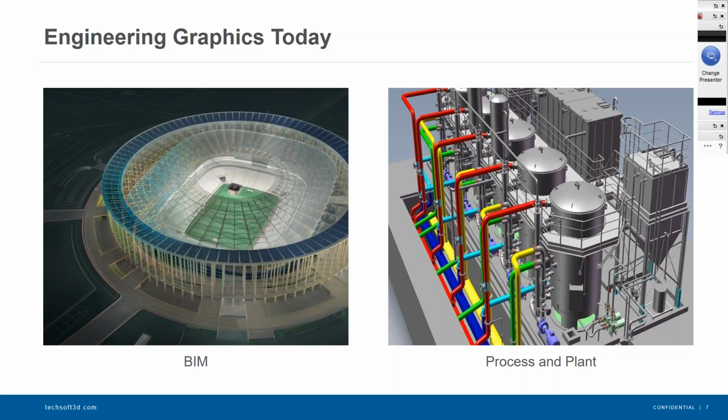In the construction space, you're talking about projects that will have millions of objects, but each object might only have, on average, the median triangle count is basically a wall, which is usually around 12 triangles. So it's the same kind of problem, but with a different kind of underlying data. And if you don't have a system that manages that, it's hard to move between these different domains.